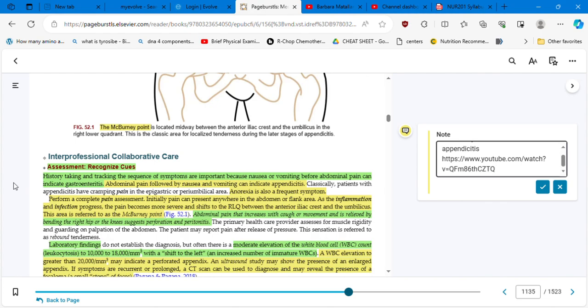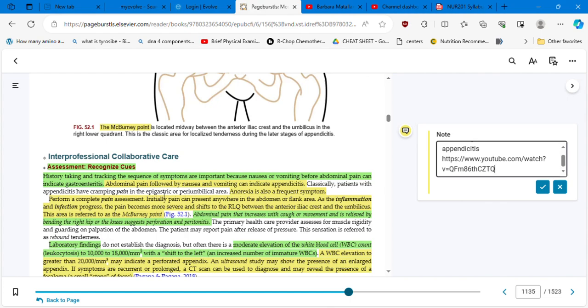Okay, so history taking and tracking the sequence of symptoms are important because nausea and vomiting before abdominal pain can indicate gastroenteritis. I gave you a hint in the other class. Appendicitis starts with A and P, abdominal pain first, and then you're going to have the fever and the temperature.